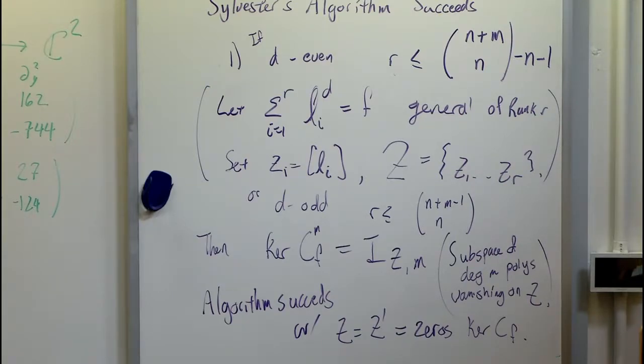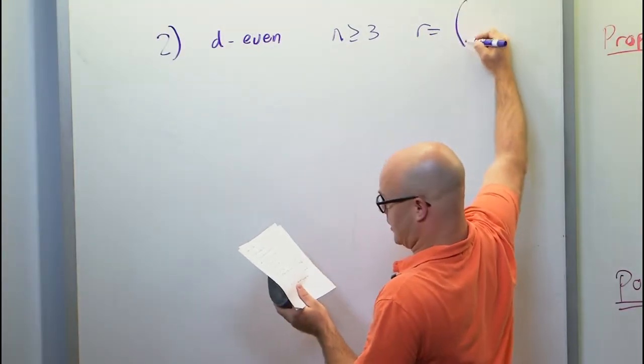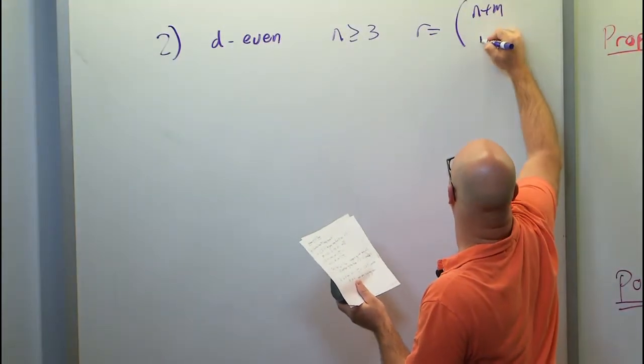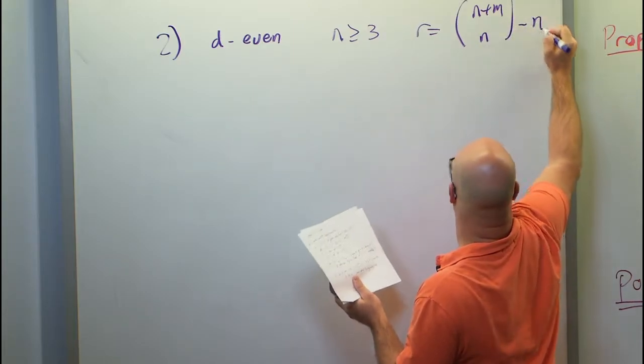So there's one other case. What could happen is that you may have more points than the number of forms in the decomposition. Another thing that could happen is if D is even and N is greater than or equal to 3, and R equals N plus M, choose N minus N in this case.